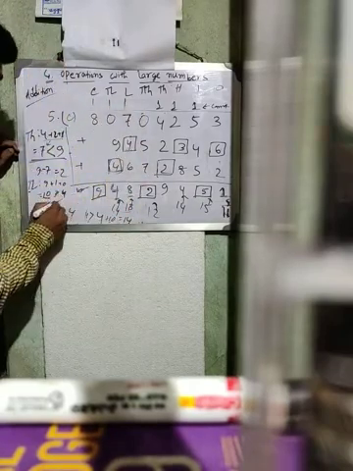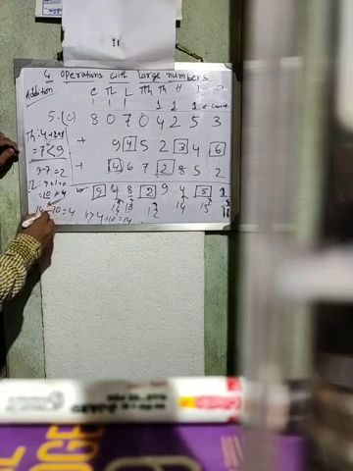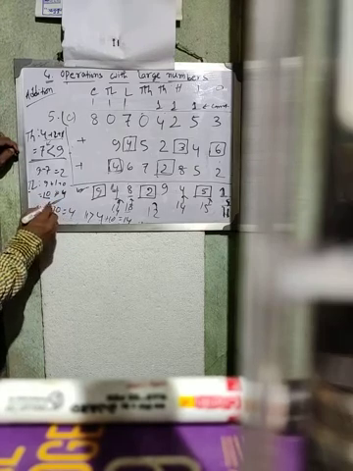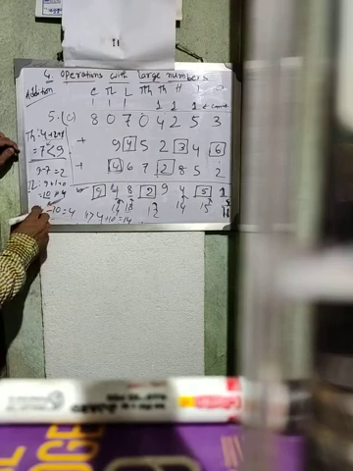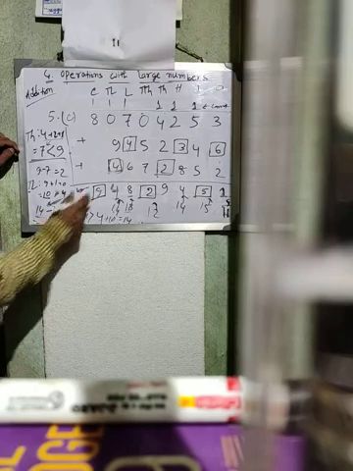Clear? So as 10 is greater than 4, we take 4 as 14, and subtract 10 from 14. That means 14 minus 10 is equal to 4, which will be the empty digit.